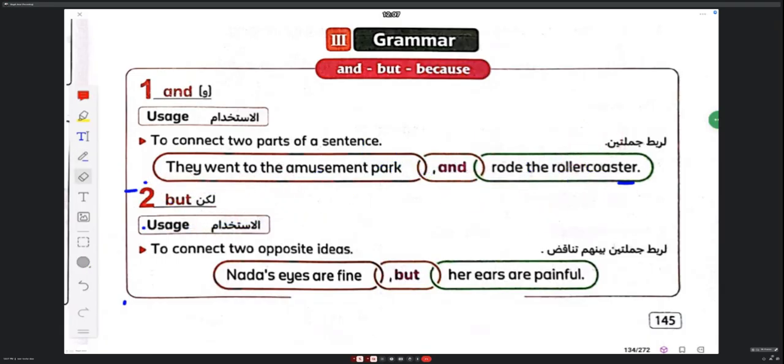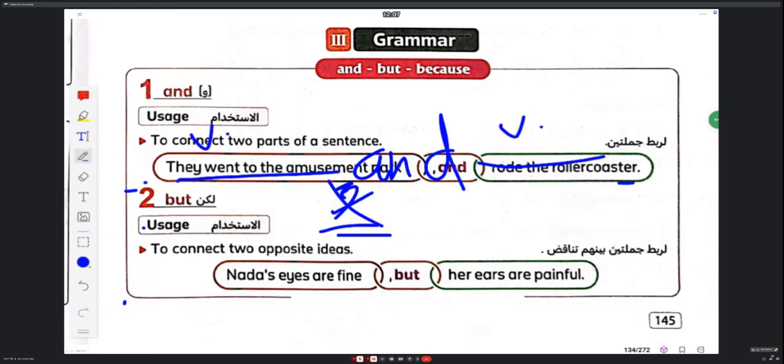In the same way, and: the comma here is optional, so you can omit it. We always omit the comma before and if we join two words, verb, verb, noun, noun, adjective, adjective, adverb, and so on, or sentences.